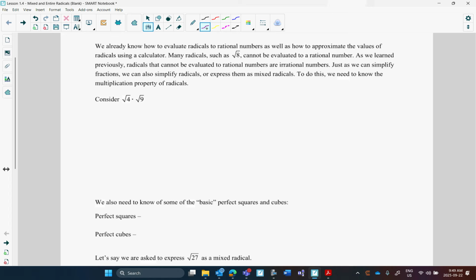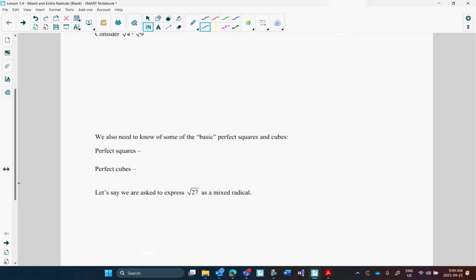The first thing, I'll go down here. The first thing is you need to know perfect squares and perfect cubes. Okay? You don't need to know why, but perfect squares, you should be familiar with those perfect squares, all the way from 2 times 2, 4, up to 10 times 10, 100.